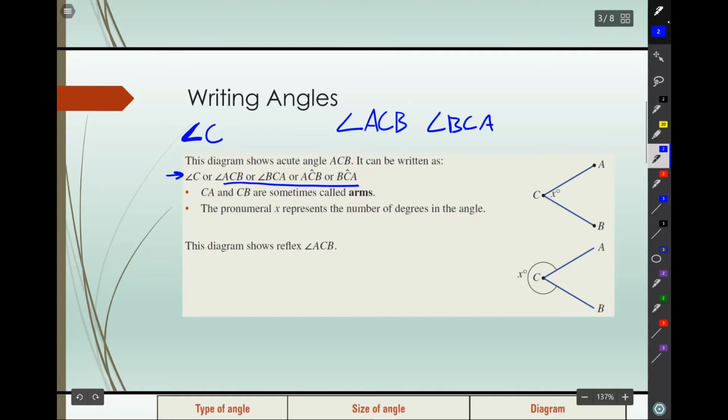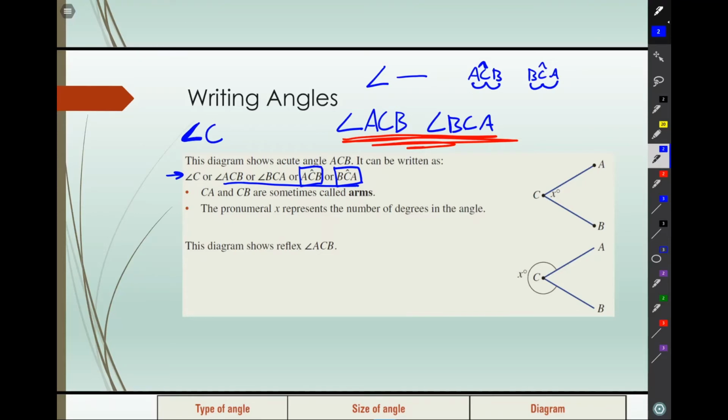And this is probably the most common method you'll see of writing down an angle. But I want you to be aware that these 2 are also a possibility. Instead of having the angle symbol out the front of the letters, you'll have the 3 letters, and the middle one will have a little hat on it. But it works the same way. It means the angle formed between points A, C, and B, or the angle formed between points B, C, and A. The other way we can talk about an angle is we can give it a letter or a symbol.